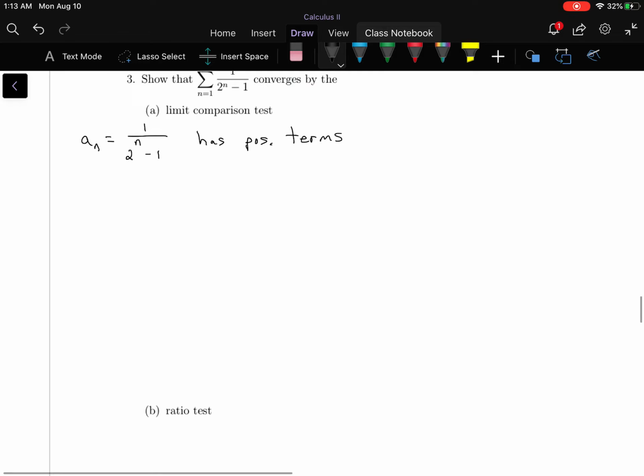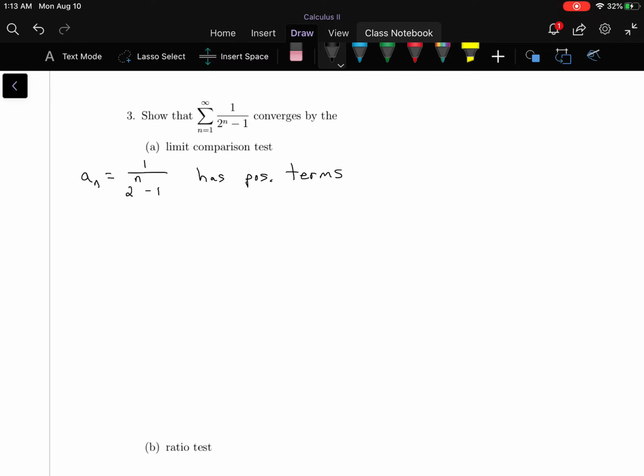And so see that since n goes from 1 to infinity, when n is 1, this is 1 over 2 minus 1, or 1. When n is 2, it's 1 over 4 minus 1, 1 over 8 minus 1, and you can see that the 2 to the n gets larger, and subtracting 1 is never going to make it negative. So that's how you could see that the a_n has positive terms.